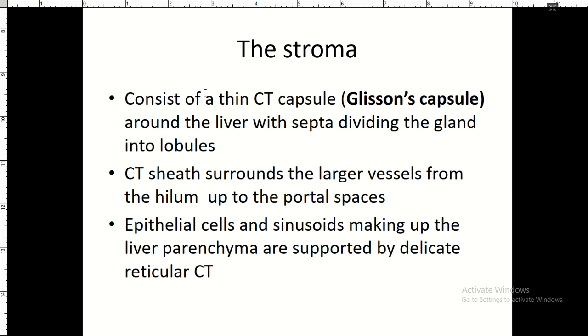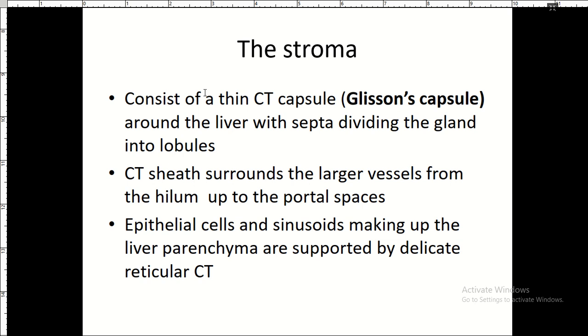The connective tissue sheath surrounds the larger vessels from the hilum up to the portal spaces, right? You also have epithelial cells and sinusoids making up the liver parenchyma, right? And these are supported by reticular fibers, which is type 3 collagen.